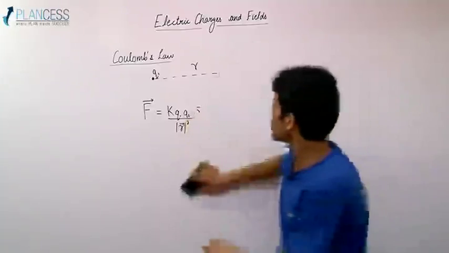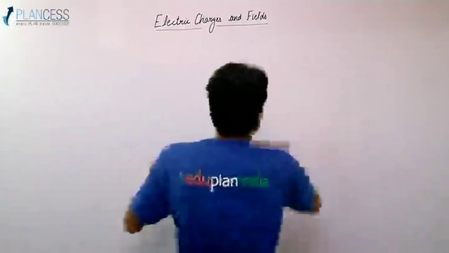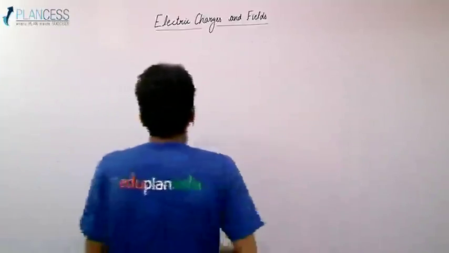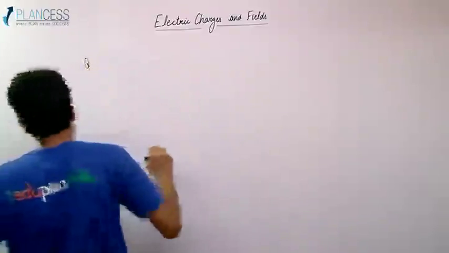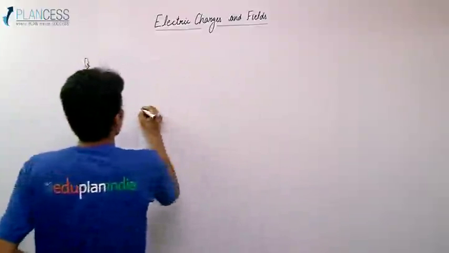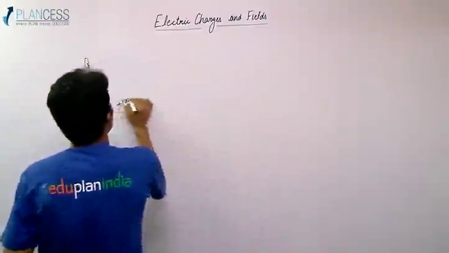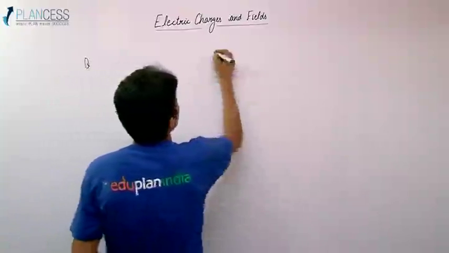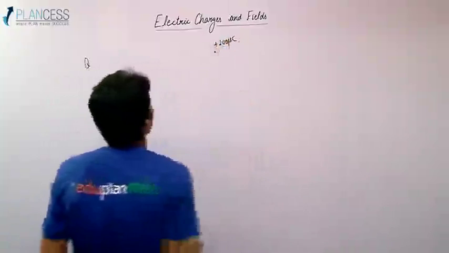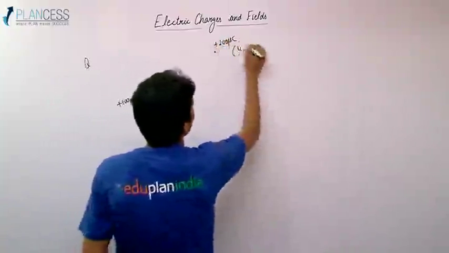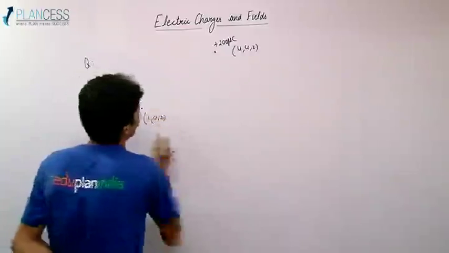So let's solve a question based on this formula of Coulomb's law. The question says: here is a charge of plus 100 microcoulomb, and here is a charge of plus 200 microcoulomb. One is at coordinate 4, 4, 2, and the other is at coordinate 1, 0, 2.